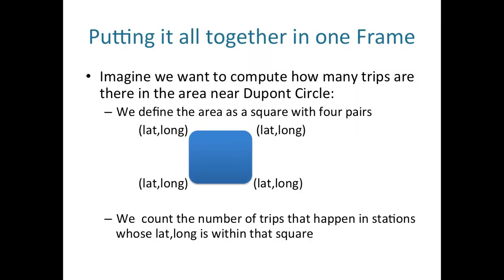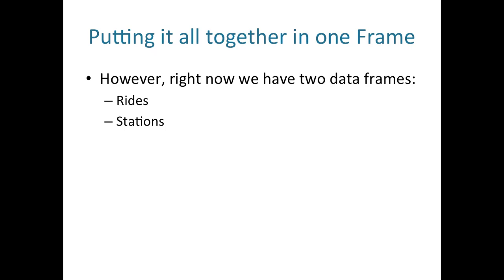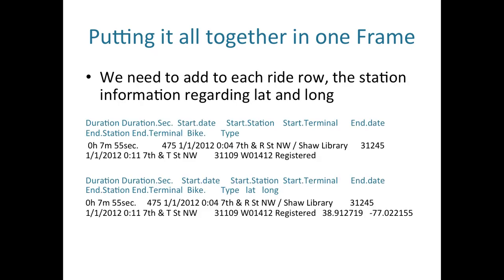Because we need to do that, what we need to do is basically go from the top line of duration, start date, start station, and so on, to the bottom line that contains the last two columns, as you can see, latitude and longitude, okay? So we have an address, but we also have the latitude and longitude for that address.